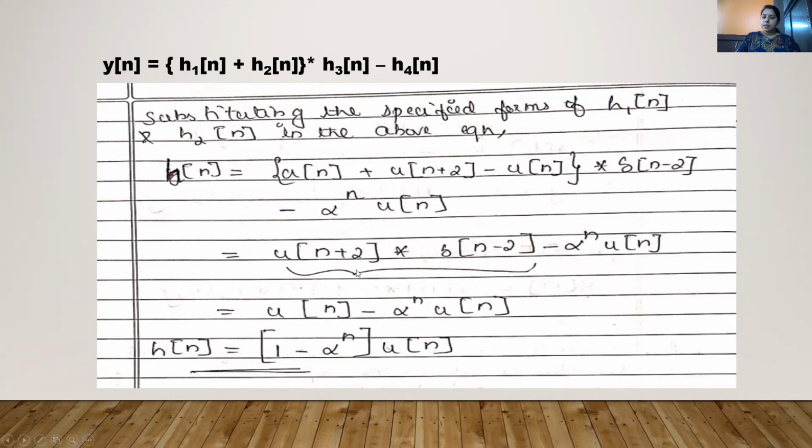Now we can apply one property of the convolution sum, that U of n plus 2 convolution del of n minus 2 will be U of n plus 2 minus 2, that is U of n itself. So this entire thing I can write as U of n minus alpha power n U of n. If you want, you can take that U of n outside and write the final answer.